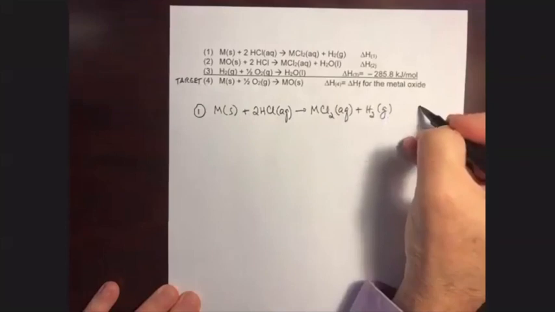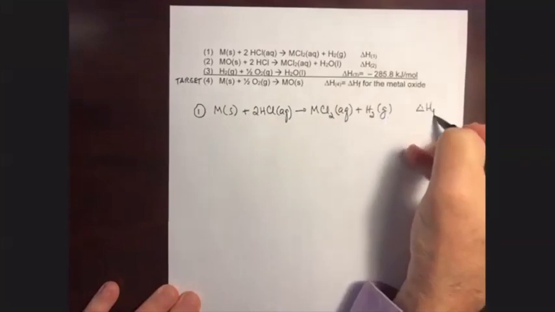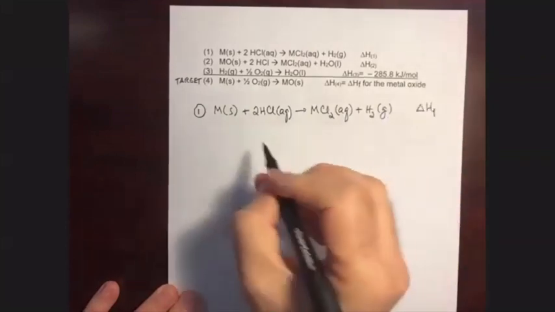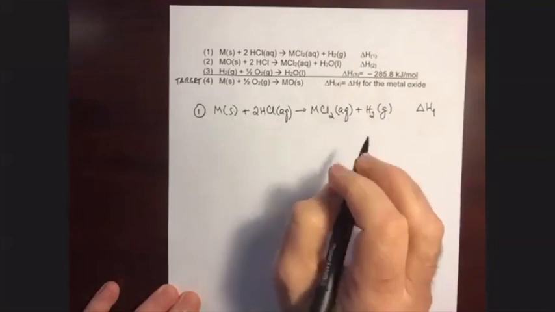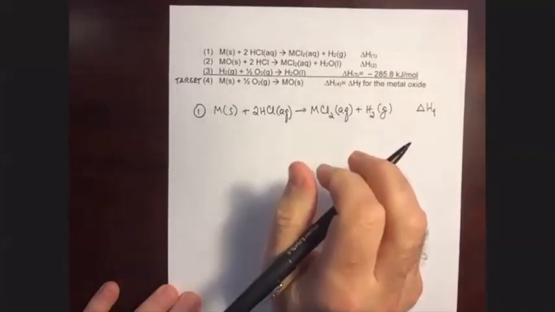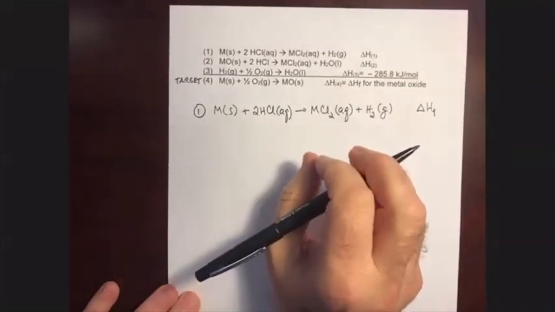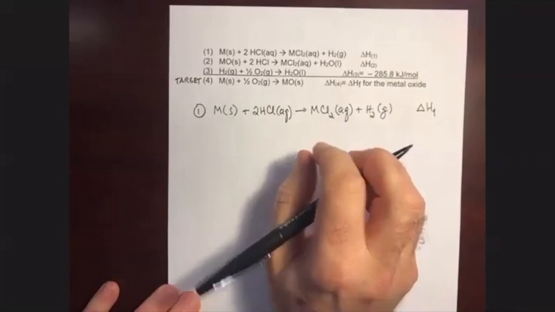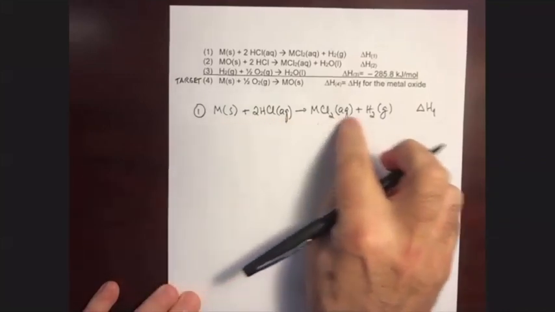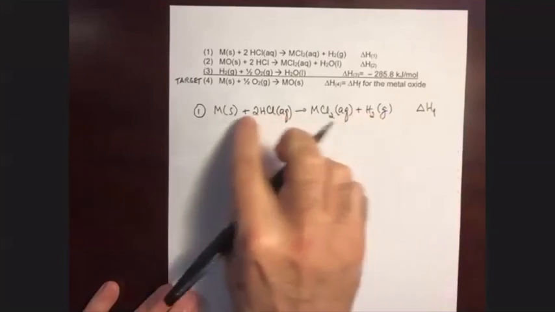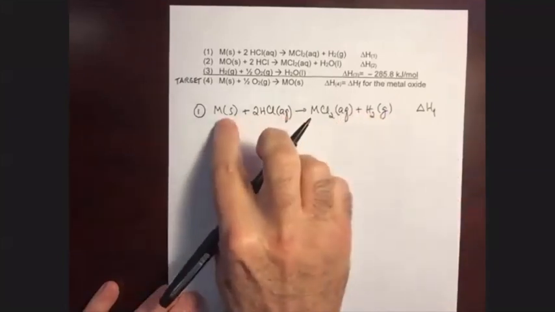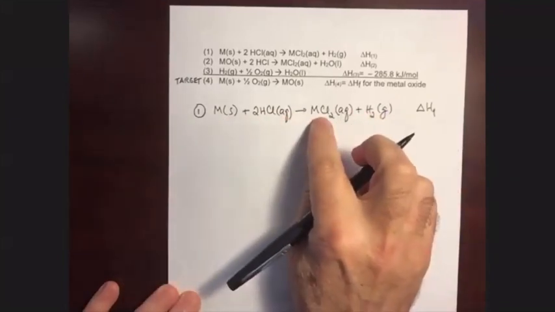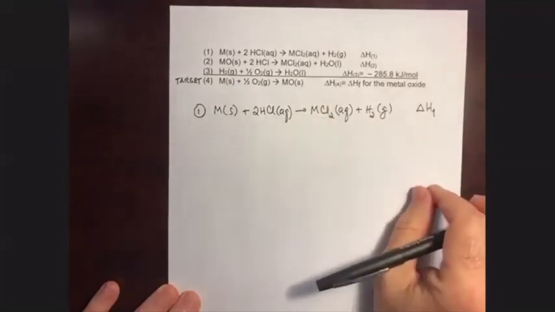And we're going to say that reaction has an enthalpy, delta H1. You might recognize that reaction as something we studied in class as a single replacement or single displacement reaction, where the metal comes in, displaces hydrogen gas, and in the process goes from an oxidation state of 0 to an oxidation state of +2. So it's a redox reaction.